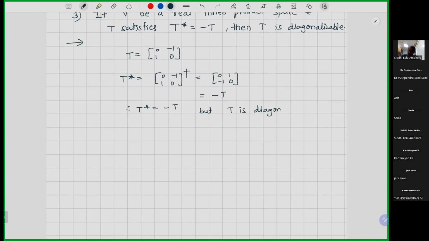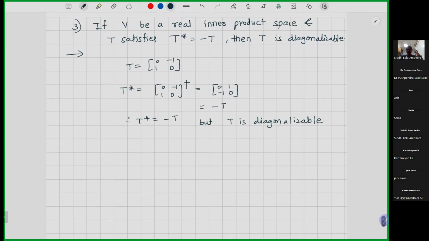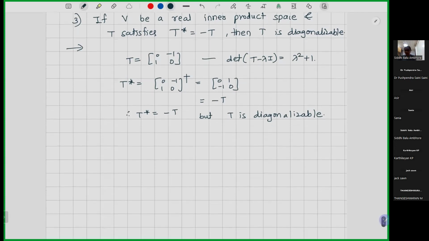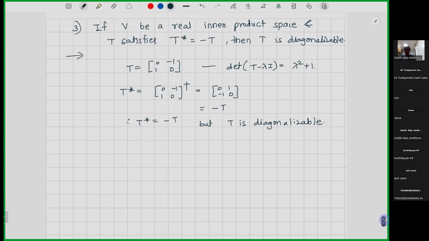Again, this does not have eigenvalues in the reals. T minus lambda I. Any doubts here? The same example serves for this because T star is minus of T in this case, and T is not diagonalizable.